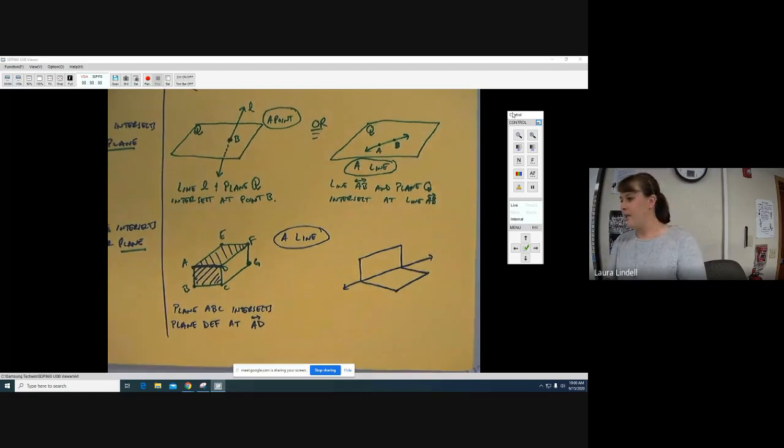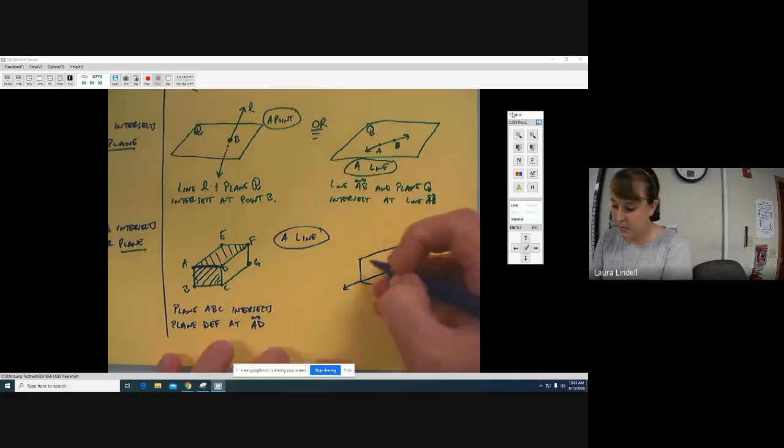It's kind of like if you imagine a file folder, and these are your two planes, and this intersection is the line. So this is one plane and this is the other plane. That's kind of the picture that we've got going here.